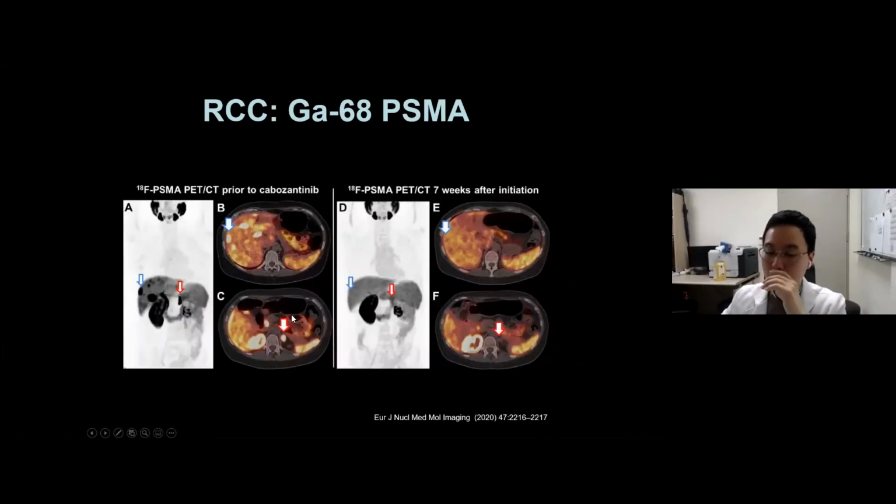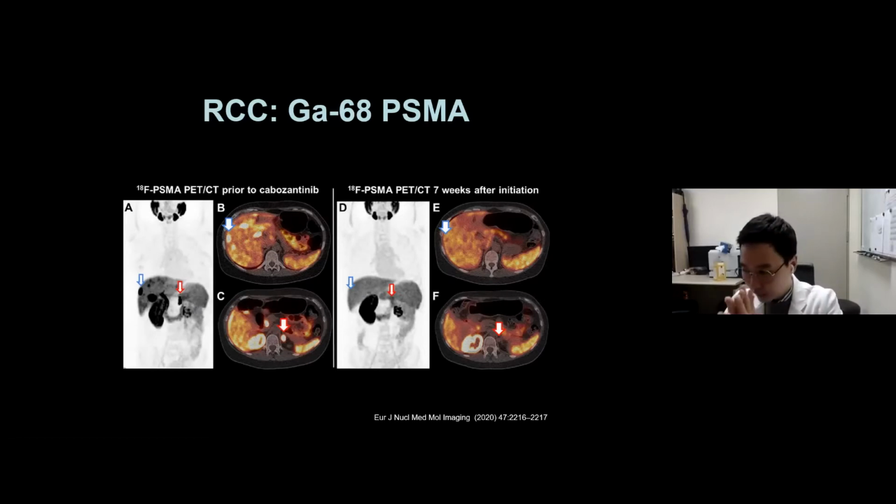Moving on, because as mentioned the PSMA is upregulated in the neovasculature of tumors, you might imagine that sunitinib, like the tyrosine kinase inhibitors, actually also targets angiogenesis. So you can assume that PSMA-based imaging can be used for treatment monitoring of these TKI treatments.